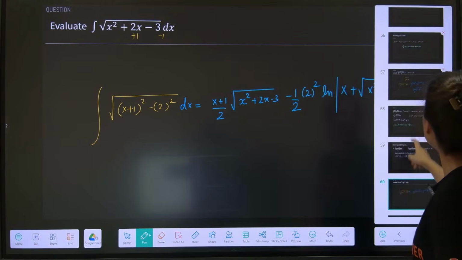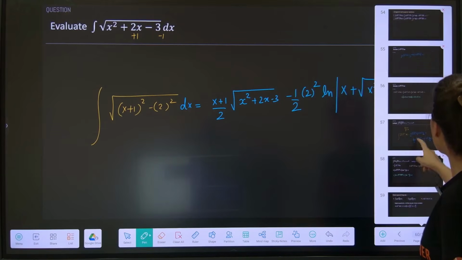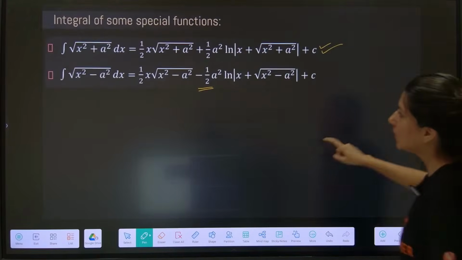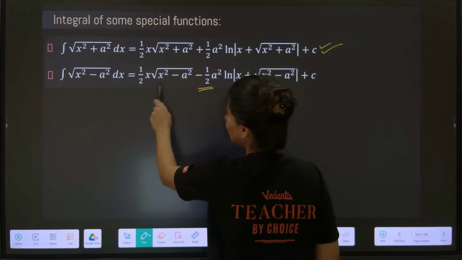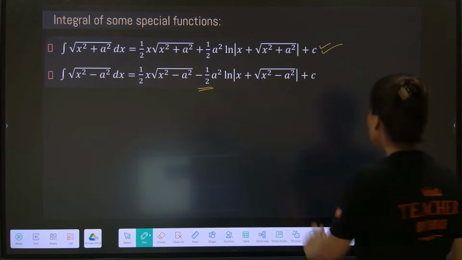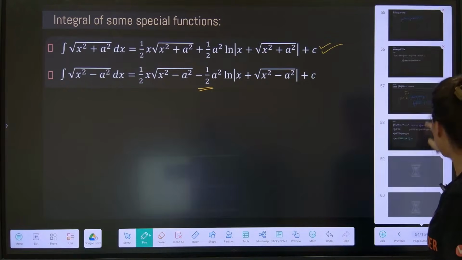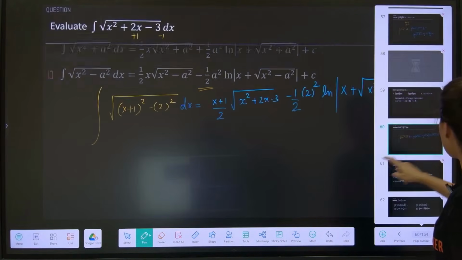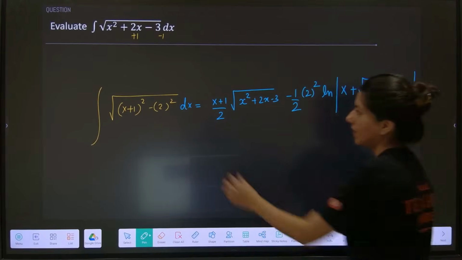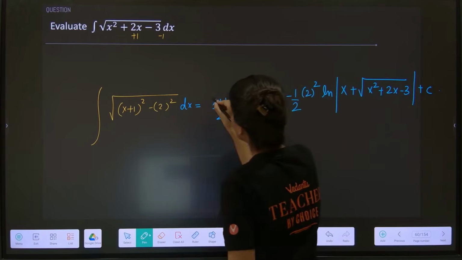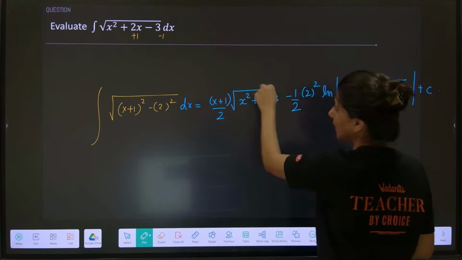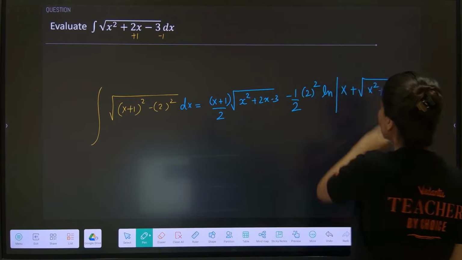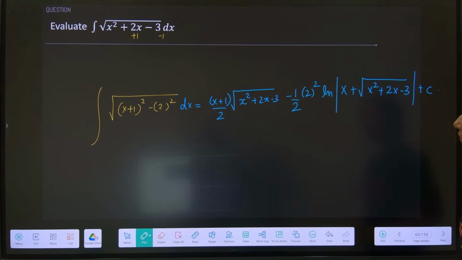I'll tell you which formula I'm talking about. So I am talking about this formula: square root x square minus a square, now half x copy paste minus half a square. Same old formula. See, I have applied it the same. x plus 1, this is x by 2, copy paste, minus half a square, same old formula.